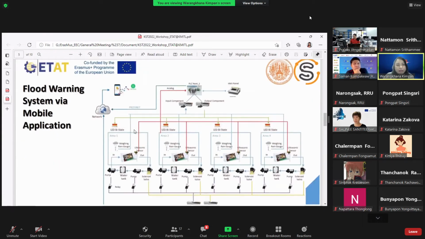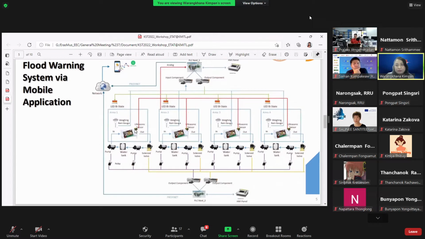The second one is a flood warning system via mobile application. This is a concept of warning about the flooding situation around the area where people live. In this case, we use ultrasonic sensors, and we build four small simulation points, like you can see in this figure.